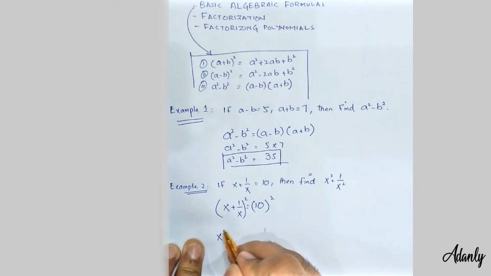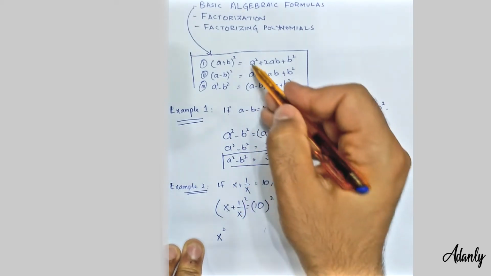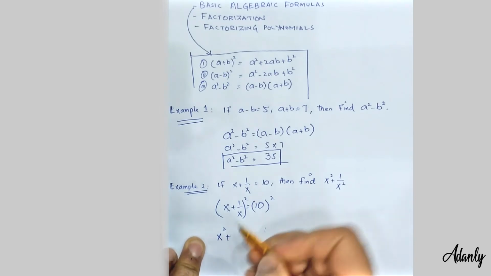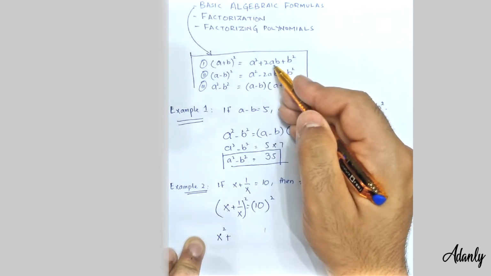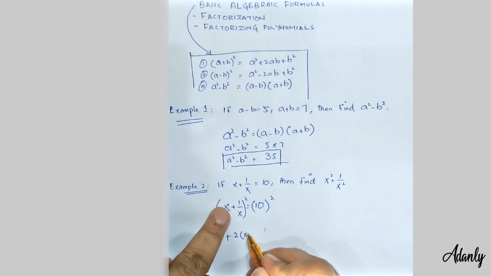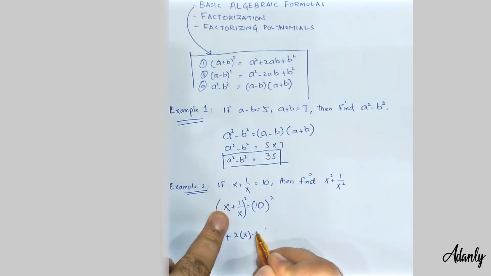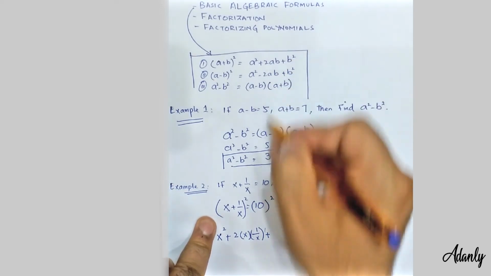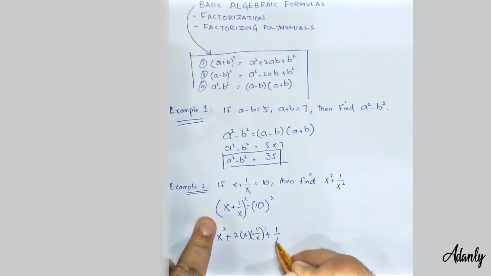It will become like this: in place of a square we will write x square, plus 2ab. In place of 2ab we will write 2 times x into 1 divided by x, plus b square. In place of b square we will write simply 1 over x square, equals 10 square, which gives 100.